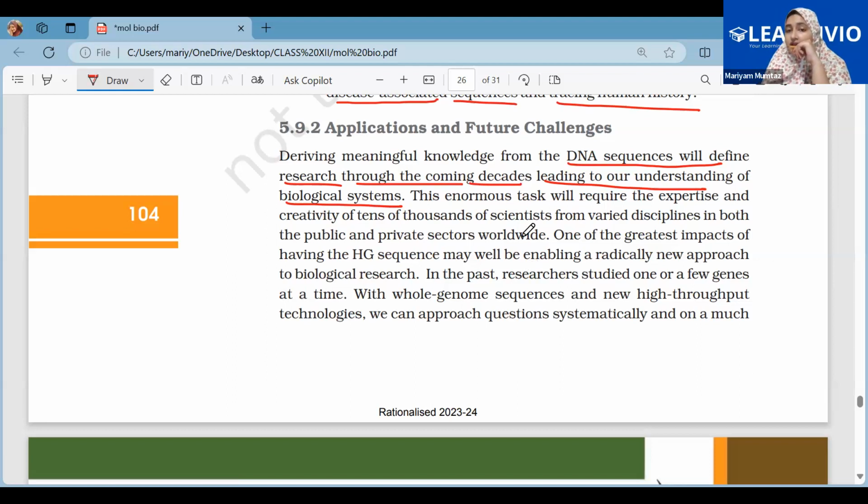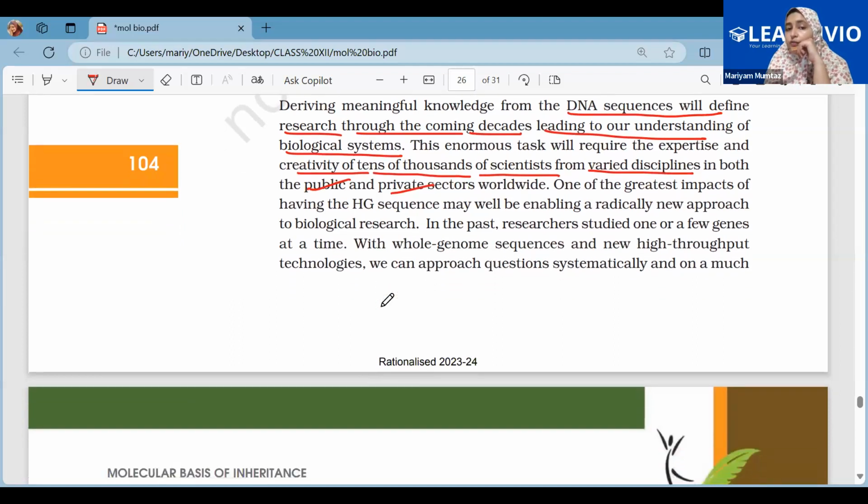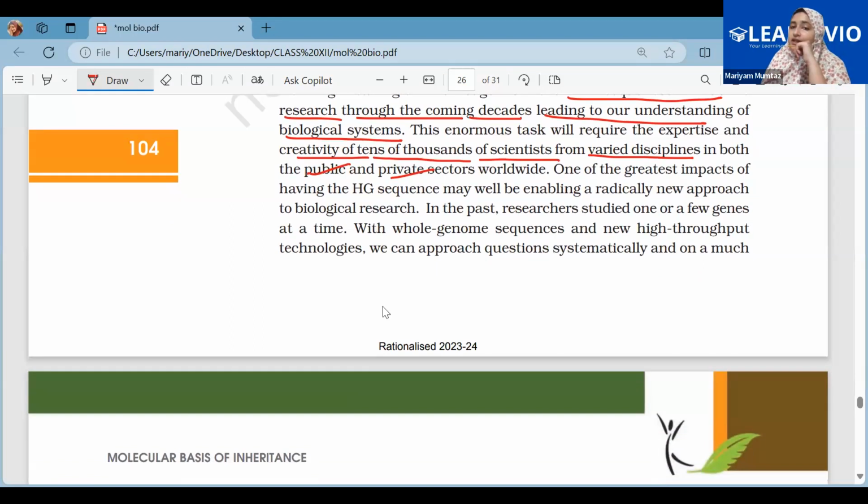This enormous task will require the expertise and creativity of tens of thousands of scientists from varied disciplines in both public and private sectors. One of the greatest impacts of having the human genome sequence may well be enabling a radically new approach to biological research.